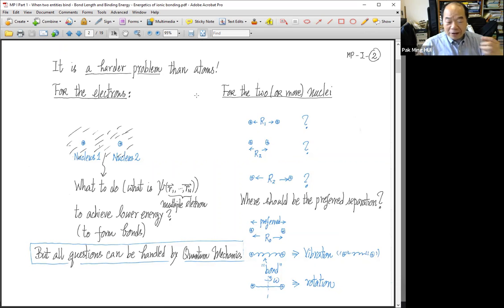I go on. So after you have a preferred separation, in classical physics, a preferred separation means it is an equilibrium point of a potential energy function. Force is zero.